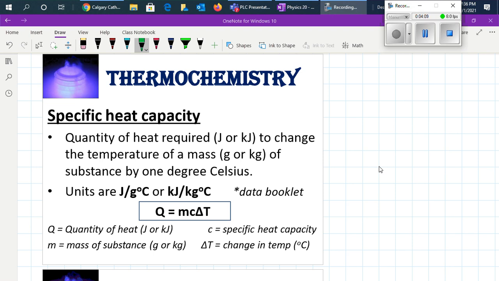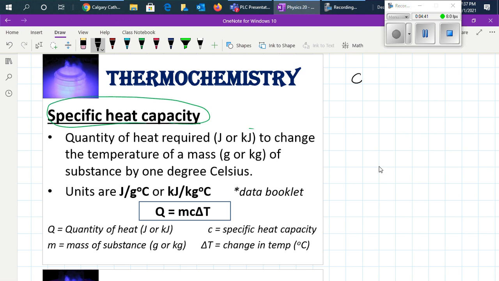Now, specific heat capacity is the amount of energy, or the quantity of heat, required to change the temperature of 1 gram by 1 degree Celsius. So specific heat capacity is known with a letter C, and is unique for every material.